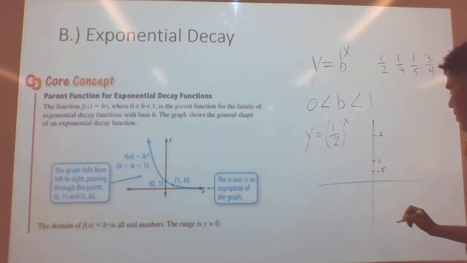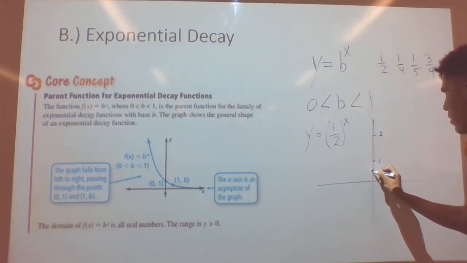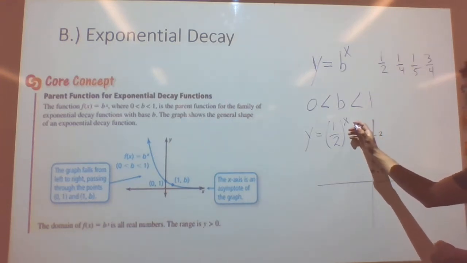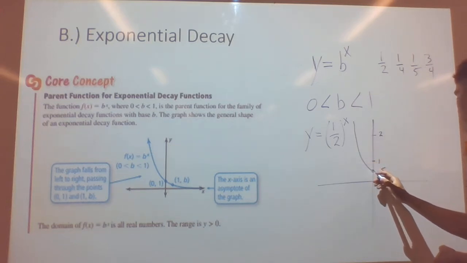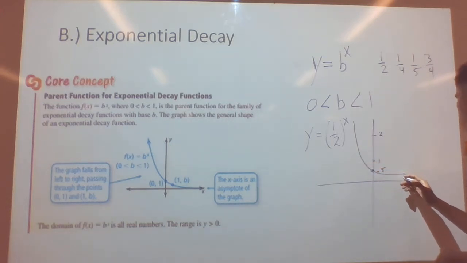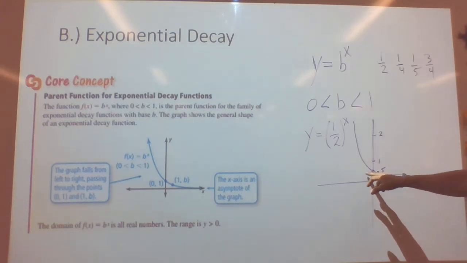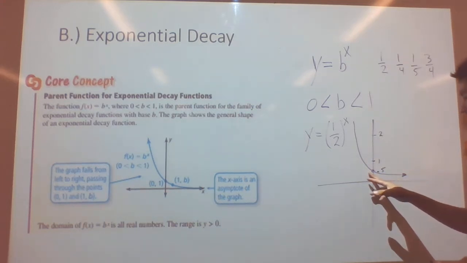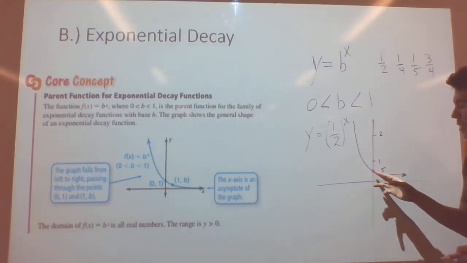So at 1/2 or 0.5, that's where my function is going to cross. Okay, there it is.